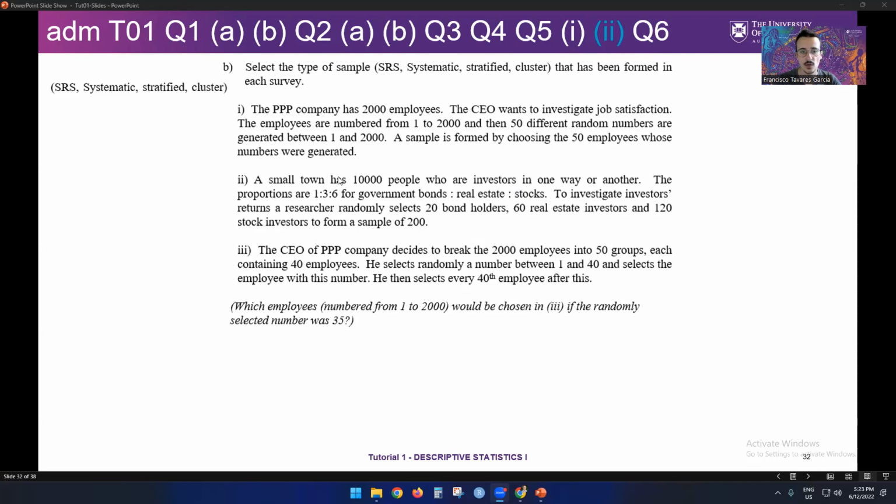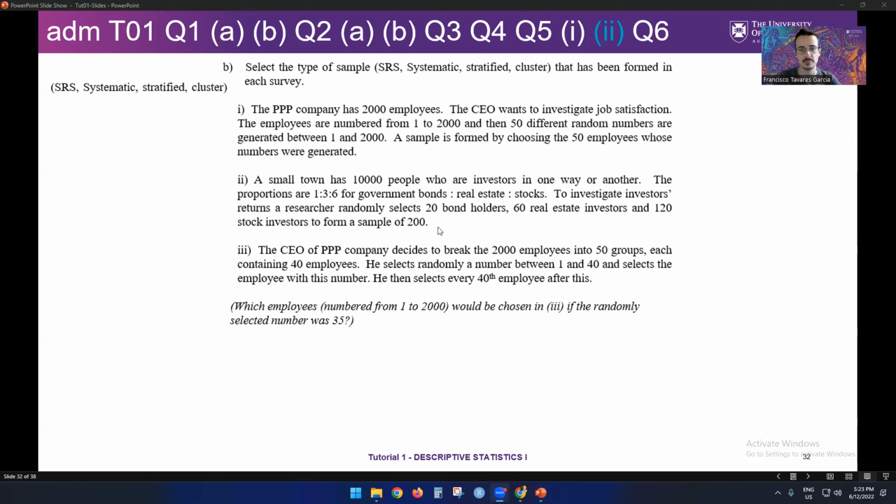As you can see, we're getting the same proportions. The answer from Harry on chat is stratified, which is correct. This is how you do stratified: you know the proportions, so you get the relevant amount for each group.